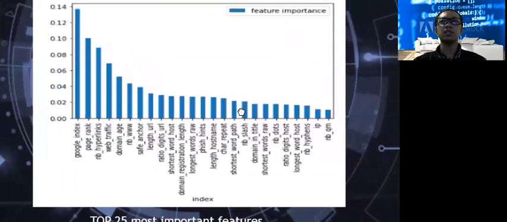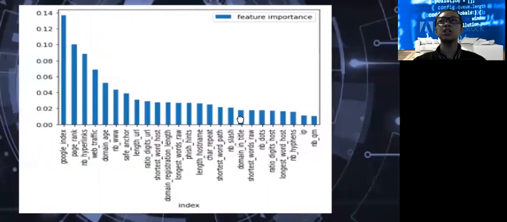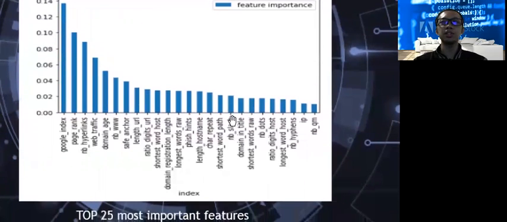Most of the external feature group contribute to classification, followed by URL-based features. Only a few content-based features contribute to classification, whereas most of them are redundant.